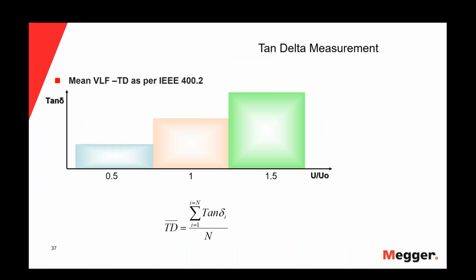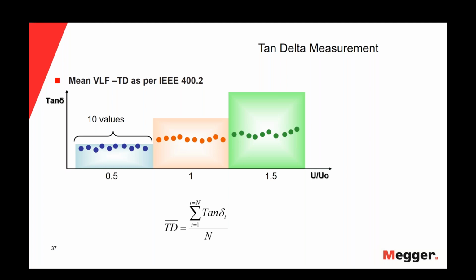Now, talking about the different parameters that we will measure with the tan delta test, the first one is, of course, the mean value of the tan delta. The mean value is all the individual values of the tan delta for each voltage step added together and divided by the total number of measurements.